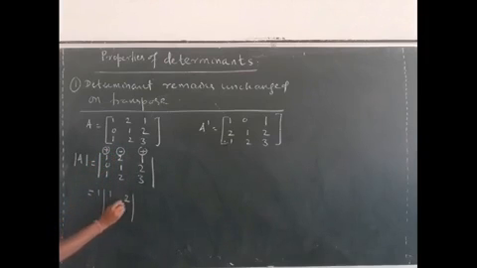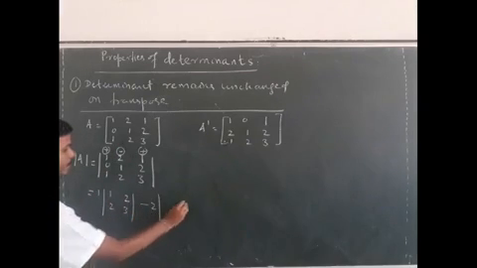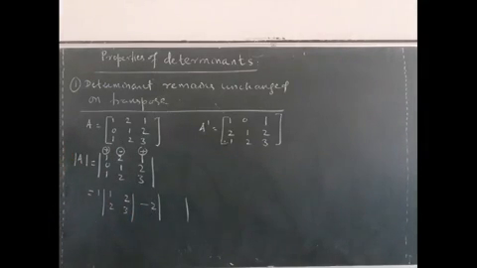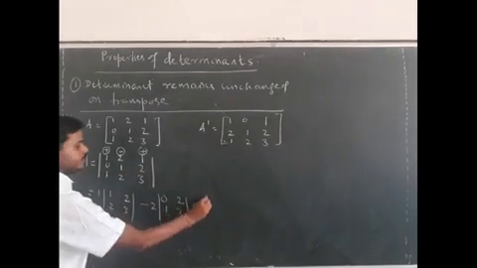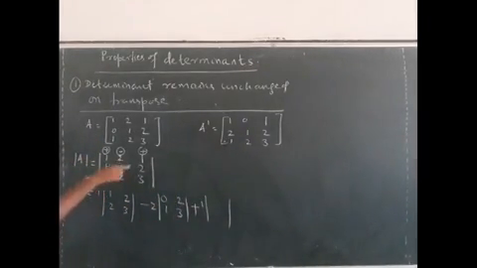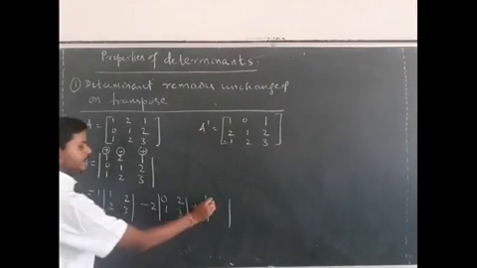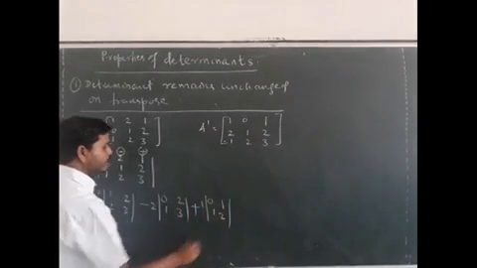The remaining things are 1, 2 and 2, 3. Then comes minus 2, with a determinant sign. You remove the row and column; the remaining things are 0, 2 and 1, 3. Plus 1; again you remove the row and column containing 1, and what is left is 0, 1, 1 and 2.